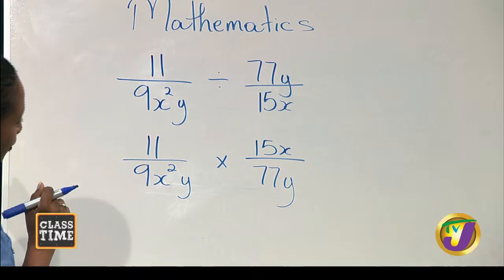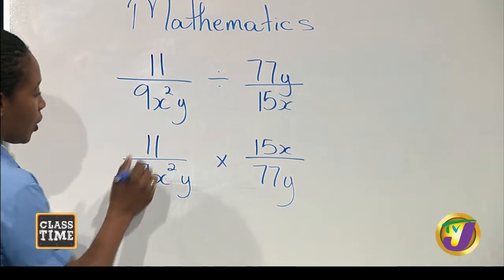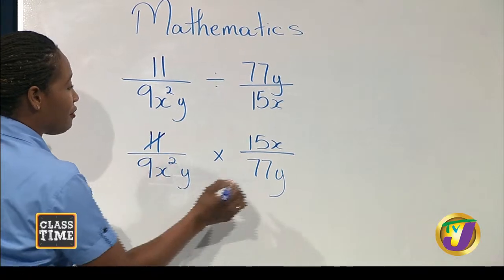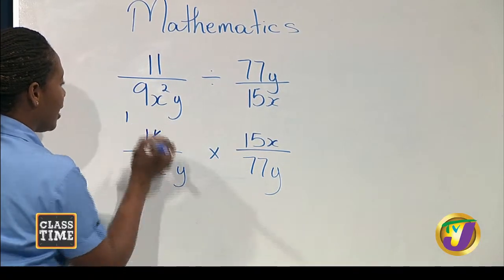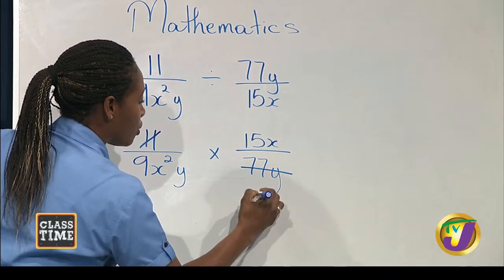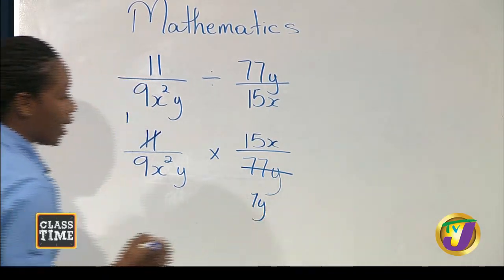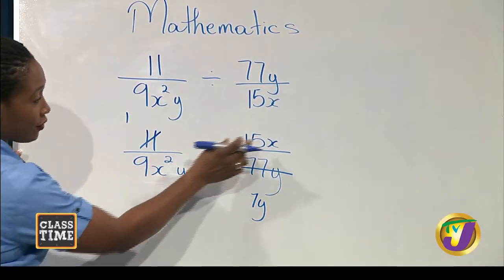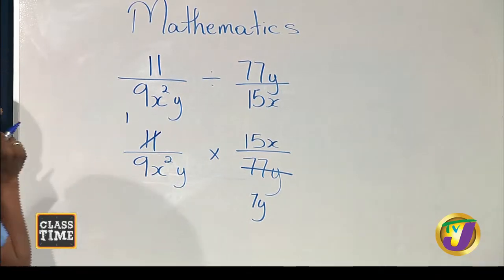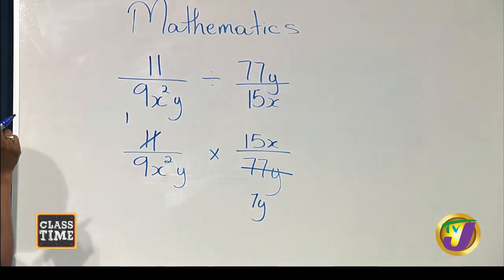What variables do we have? We have x and y. Let's see what happens. So 11 and 77 have something in common. 11 is a factor of 77. So 11 into itself goes one time. 11 into 77y goes 7y. And then you have 15x and 9x squared y. What's a factor there? 3.